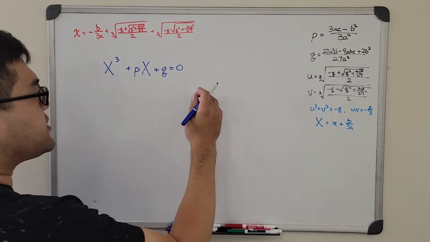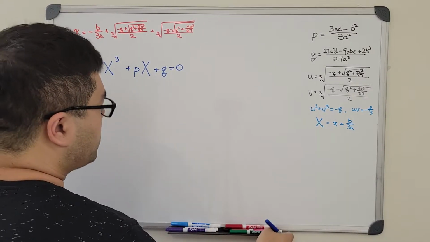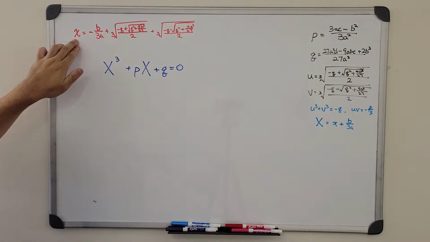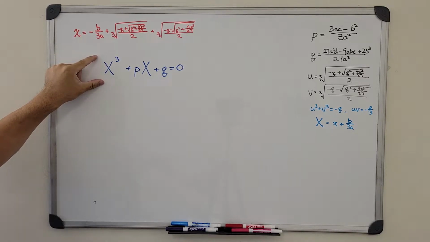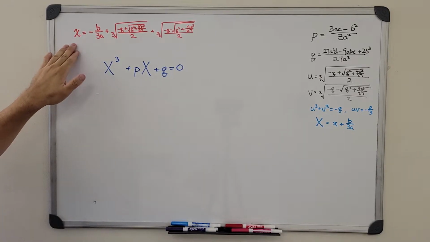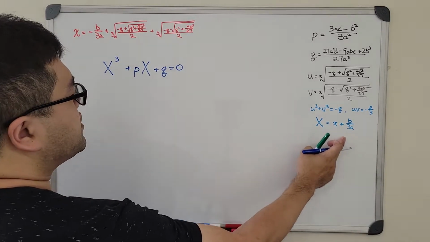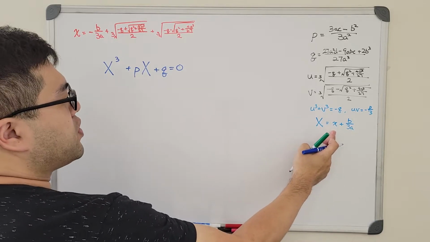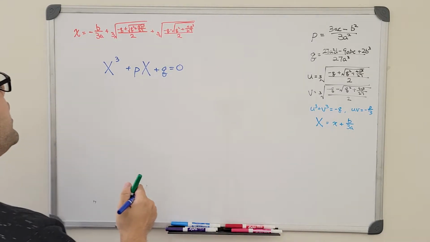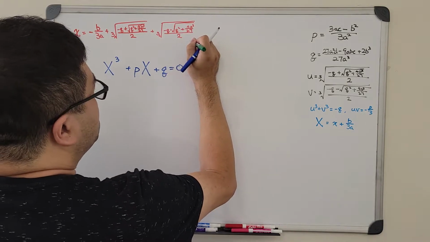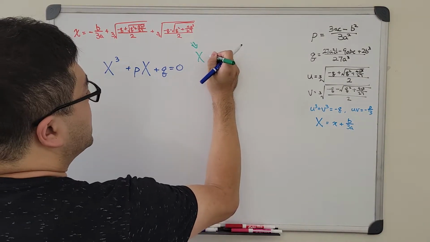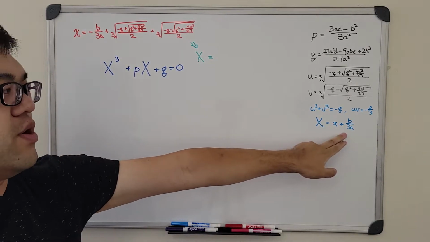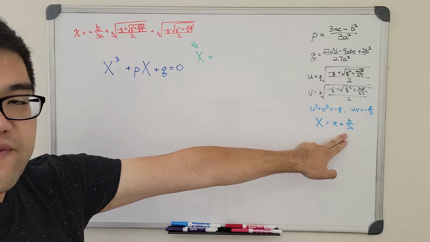How are we going to do that? Here we go. For the first solution, we have lowercase x here, but in this expression we have capital X. So we're now going to substitute this relation, capital X equals lowercase x plus b over 3a, so that capital X is now equal to the two cube root terms, because the negative b over 3a cancels out with the positive b over 3a.